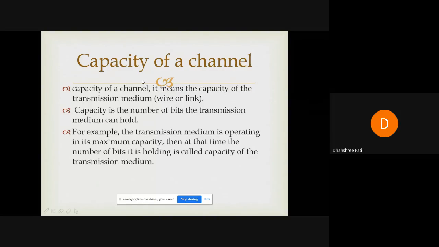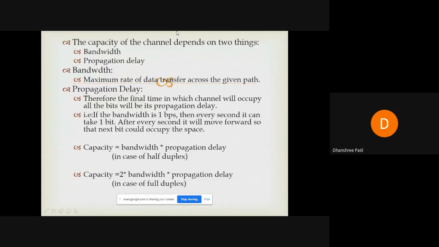As you know, the capacity of the channel, that is the capacity of the transmission medium, is how much data the particular medium can hold. The capacity of the channel mostly depends upon the bandwidth and the propagation delay.